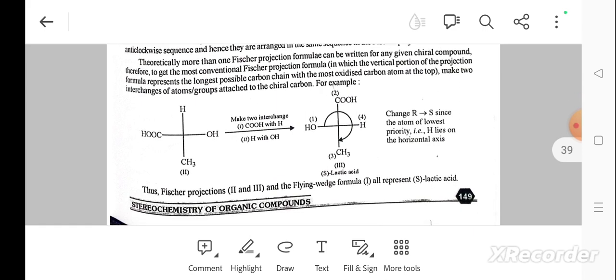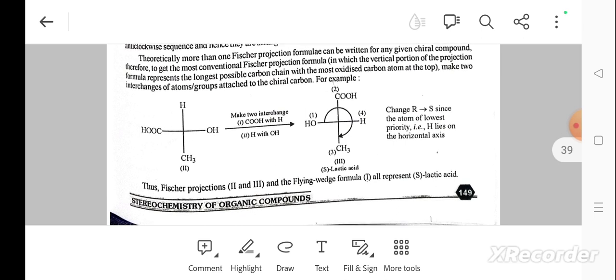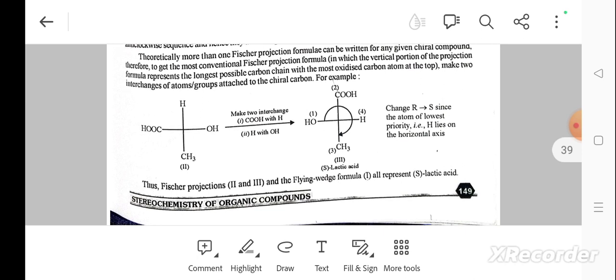Theoretically, more than one Fisher projection formula can be written for any given chiral compound. Therefore, to get the most conventional Fisher projection formula, in which the vertical projection is kept, make an interchange of the atoms or groups attached to the chiral center.